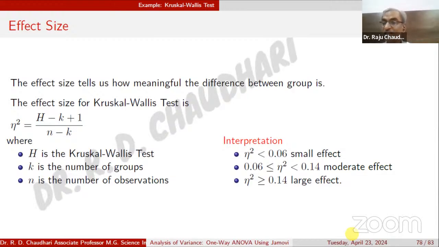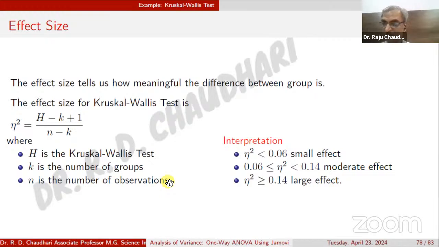But when the data is not symmetric, not bell shaped, either positively skewed or negatively skewed, mean is not a suitable measure. That means if the data is not normal, mean is not suitable. So in that case, for the non-parametric, we can use median for the comparison.